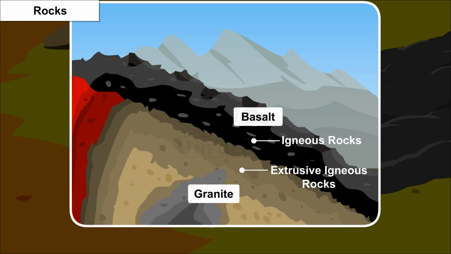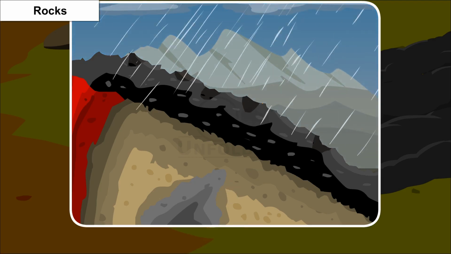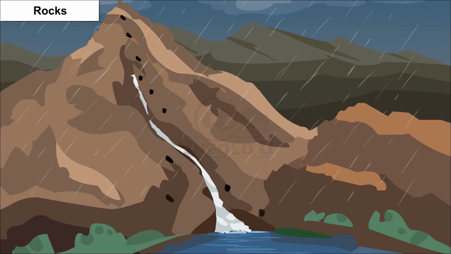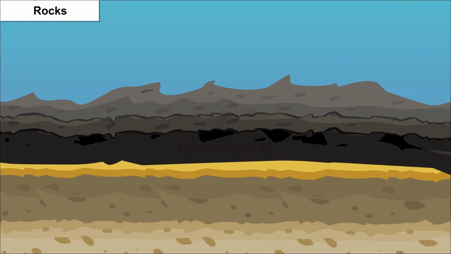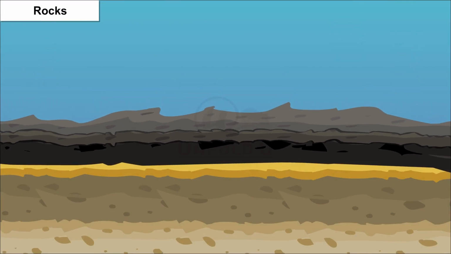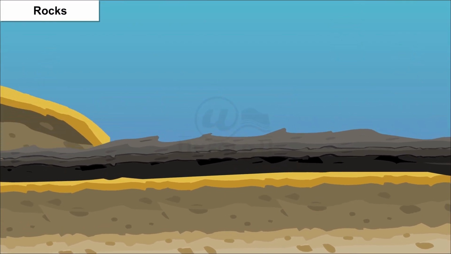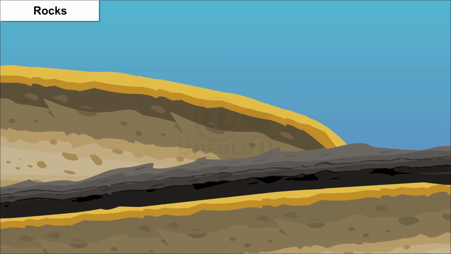These are usually granular. When the igneous rocks crack or fall against each other, they form sediments that are moved by air or water over a period of time. These sediments, when compressed and hardened, form sedimentary rocks such as sandstone.